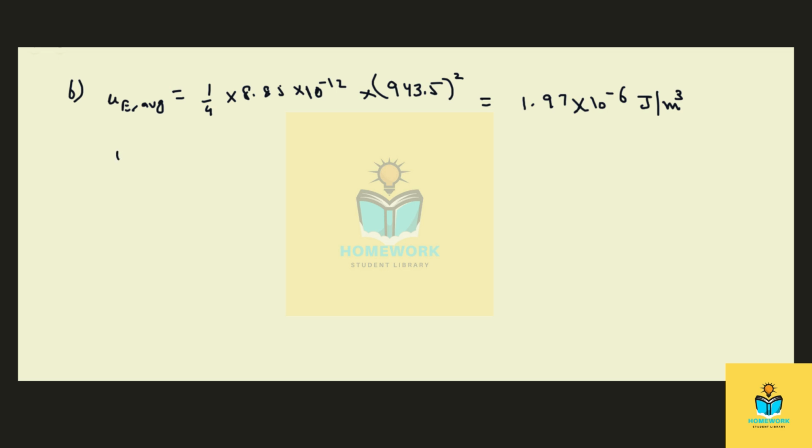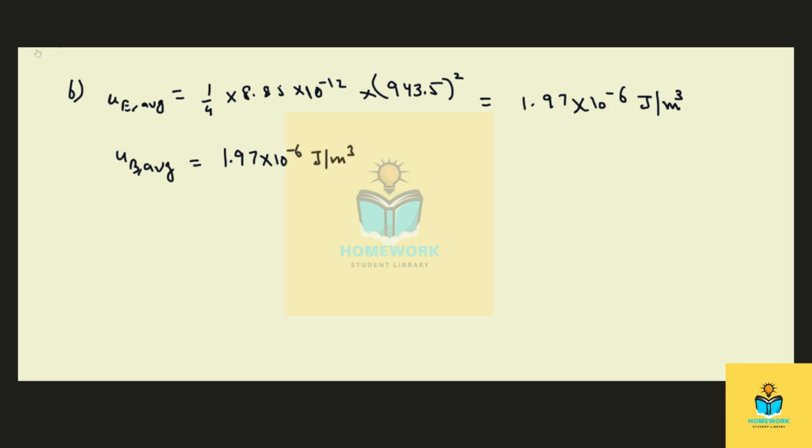Now we have UB average. So we know that it's just a sinusoidal electromagnetic wave. So definitely UB average should be equal to this one. So we have 1.97 into 10 raised to minus 6 joule per meter cube.